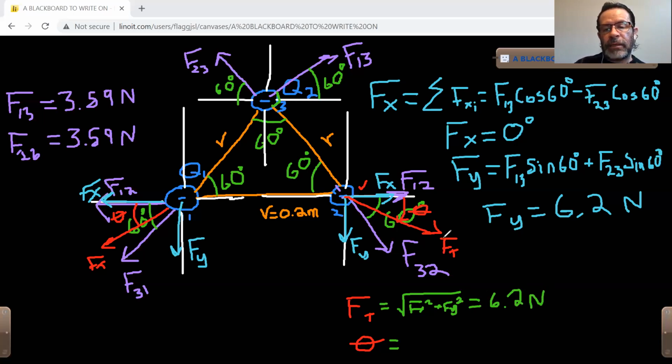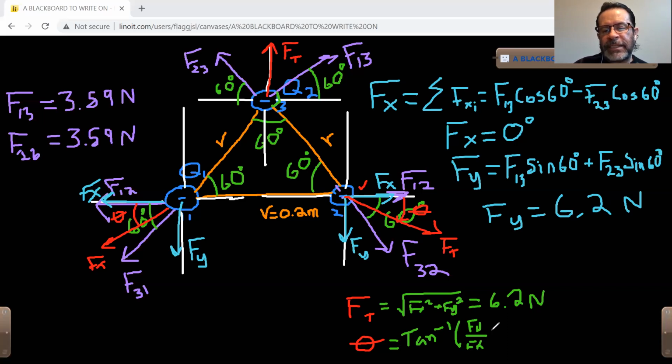The angle is the inverse tangent of Fy divided by Fx.